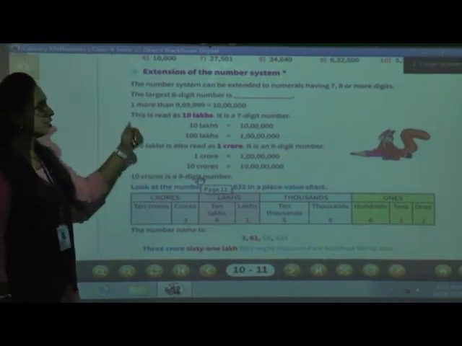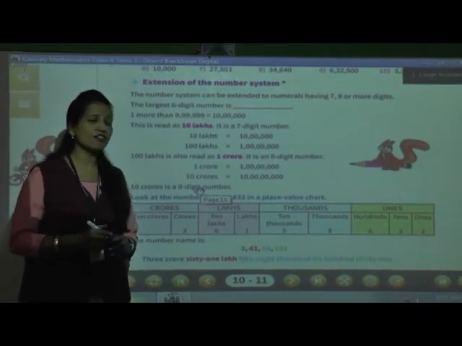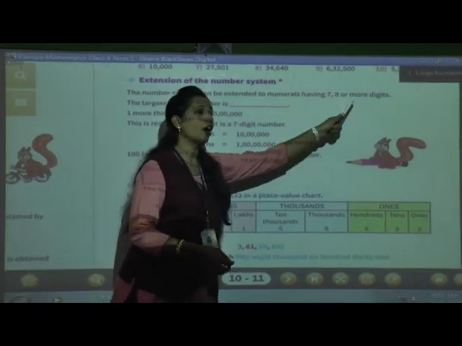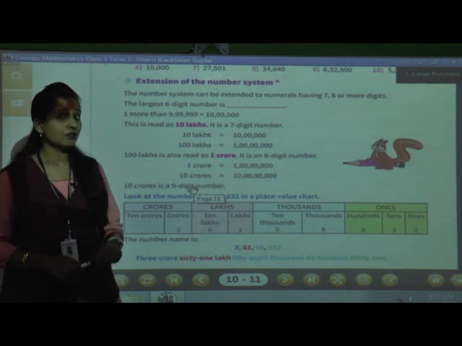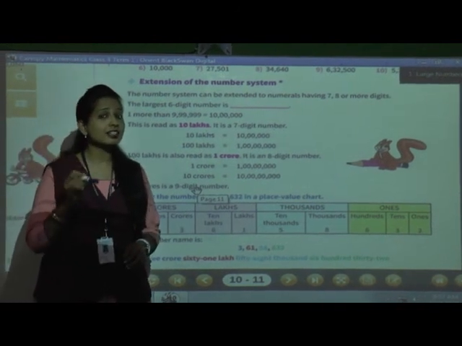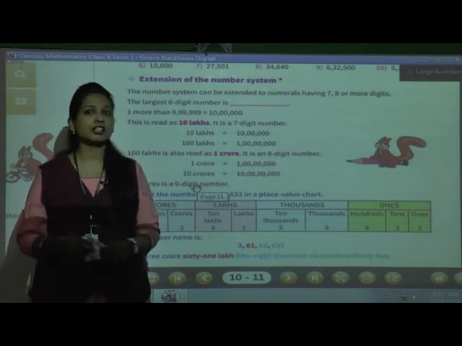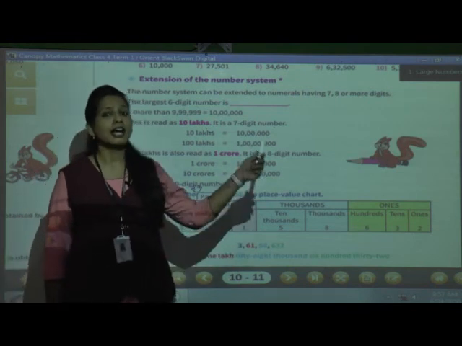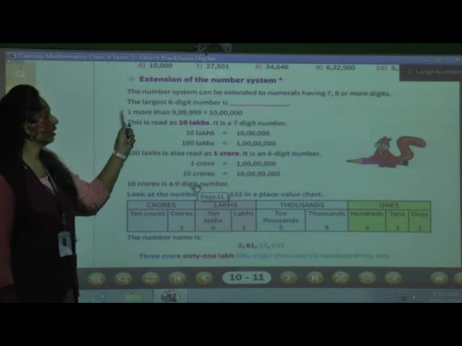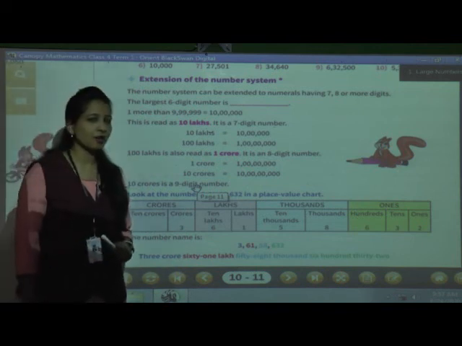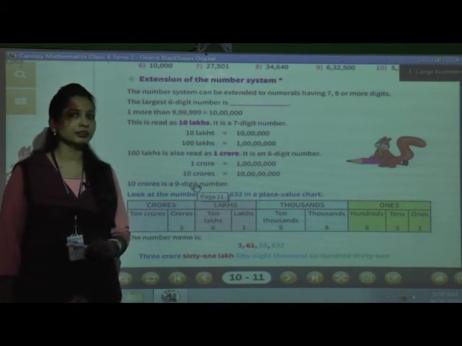The number system can be extended to numerals having 7, 8 or more digits. Till now we have studied up to 6-digit numbers, but today we are going to study 7-digit and 8-digit numbers. So, the largest 6-digit number. Do you remember, students, what the largest 6-digit number is?